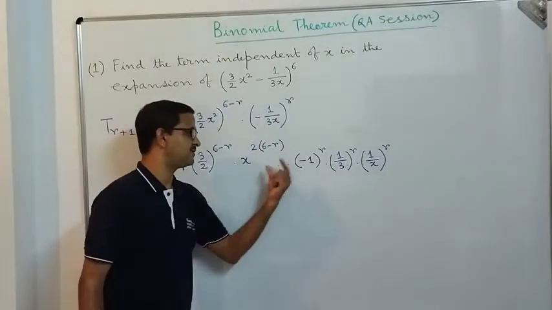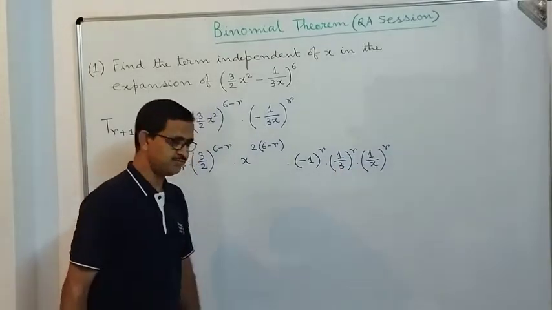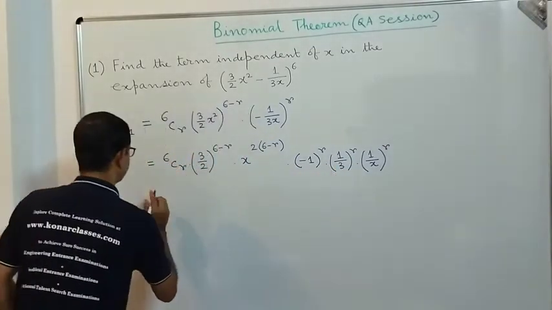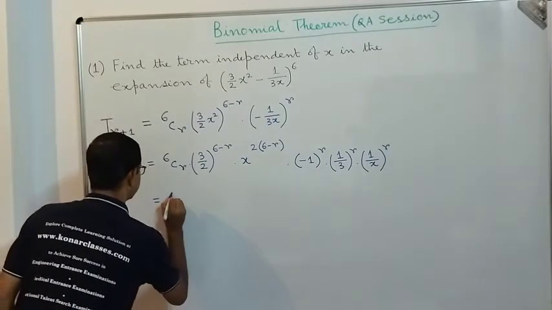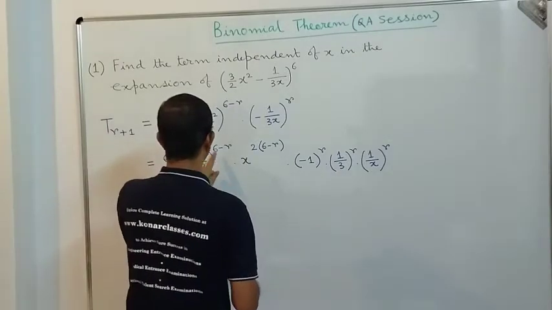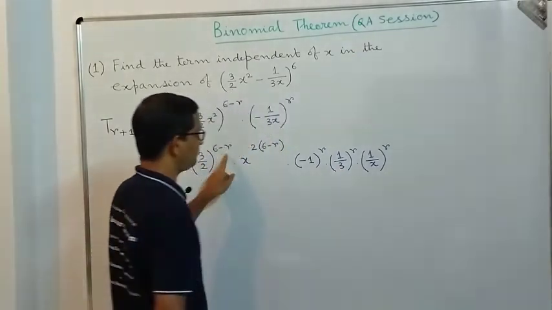I am separating the constant terms and the variable x. Now if we bring all the constant terms in one place, we get 6Cr into 3^(6-r), and here it is (1/3)^r.